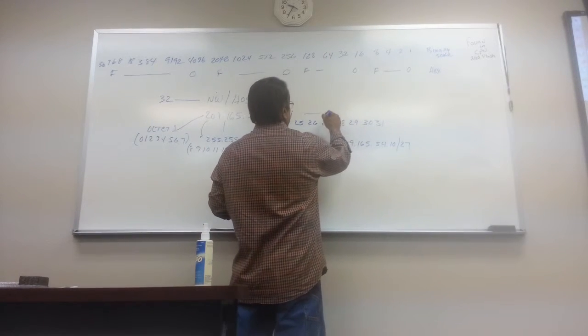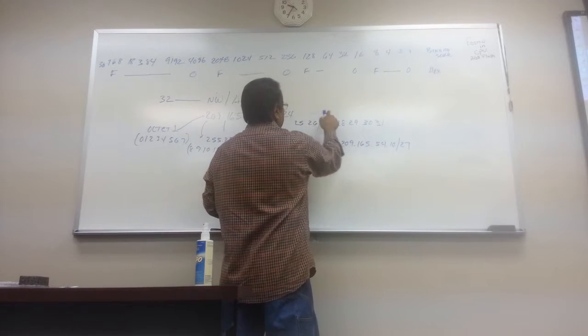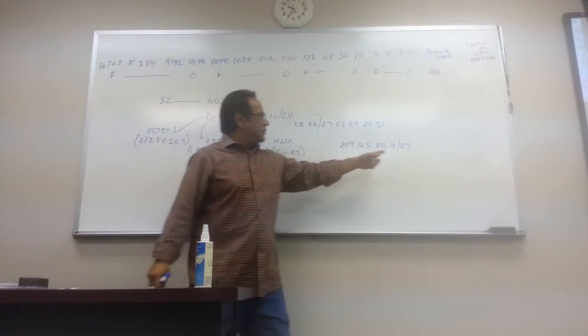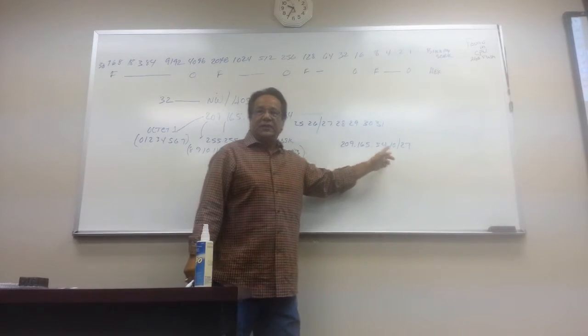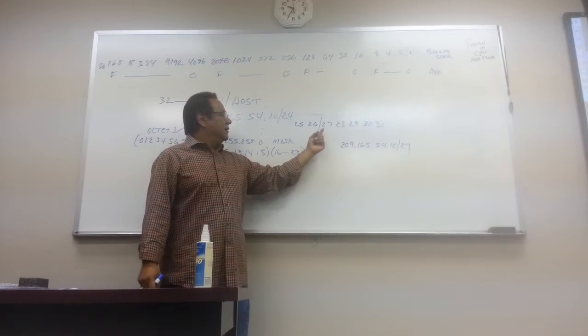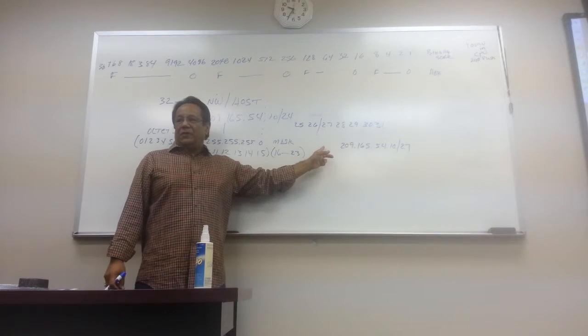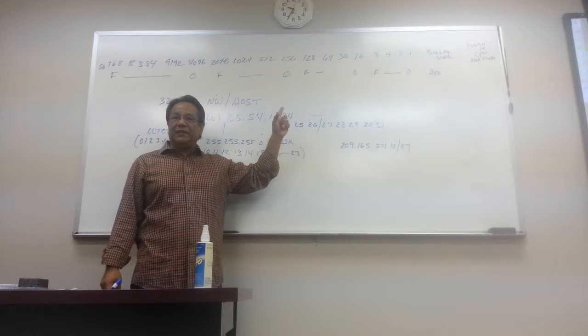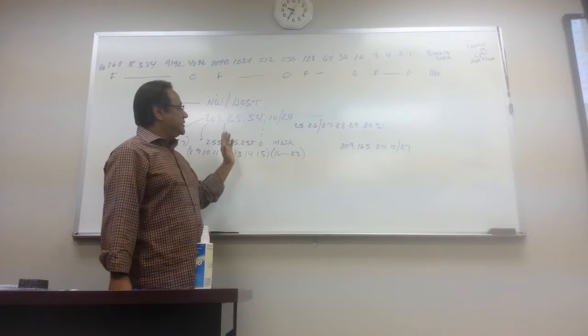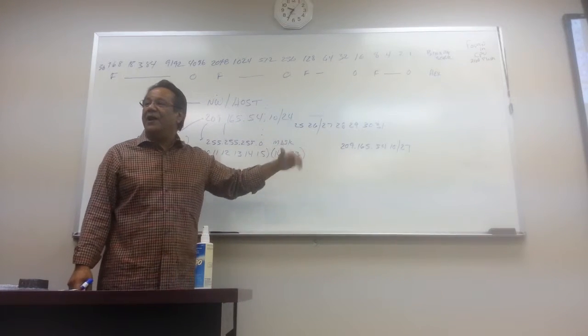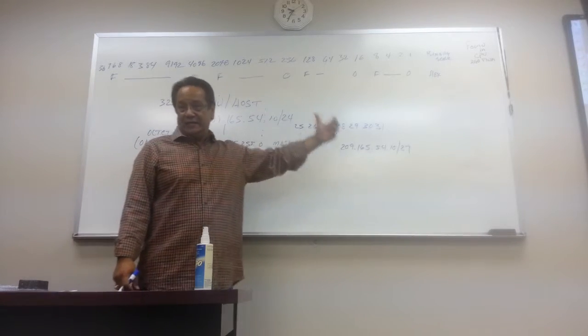So, whenever a number is the prefix, you draw your line to the right of that number. Meaning that I have 27 bits that are going to be my network ID.